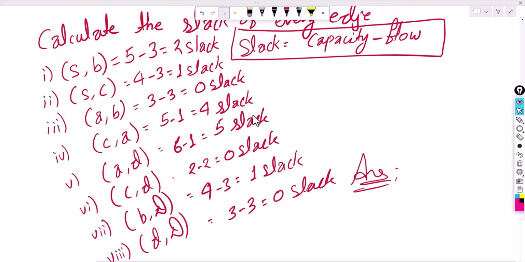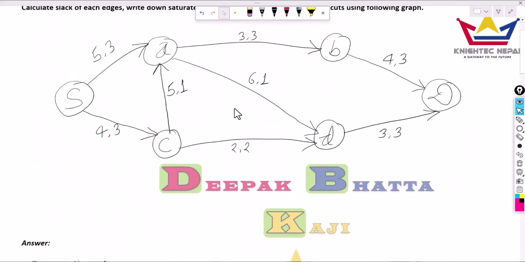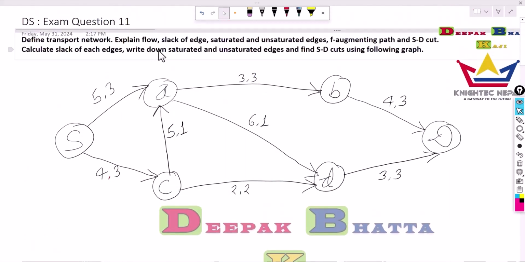So now move on to the next part. Write down saturated and unsaturated edges. I already told you in the first part, when I was starting, the definition of saturated and unsaturated edge. A saturated edge can be defined as the flow through the edge equals the capacity of the edge.